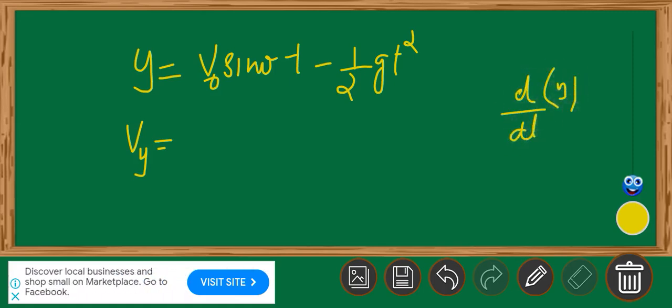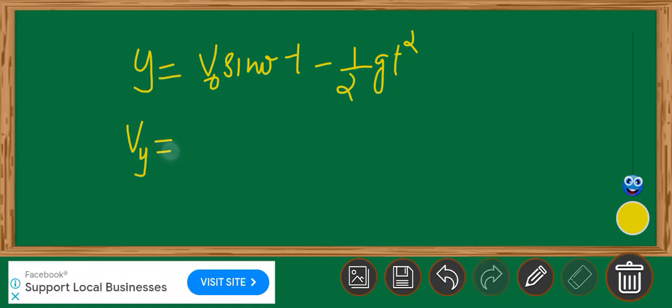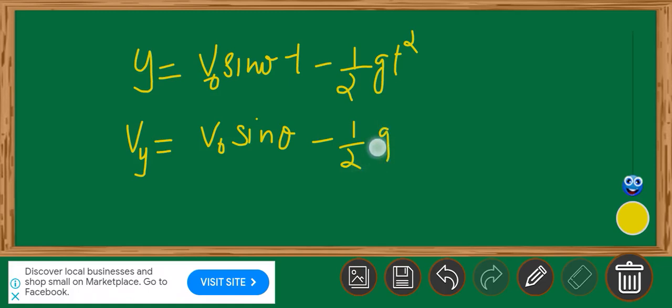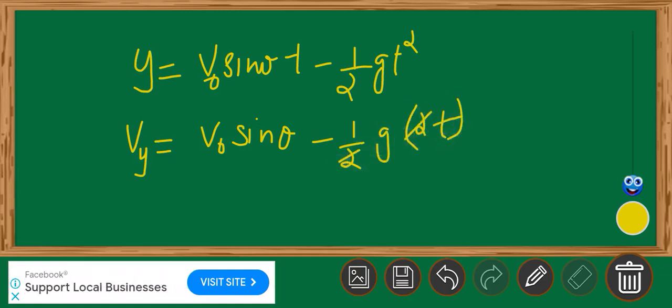Velocity is distance by time. Don't call it dy by dt. Then this is equal to v0 sin theta minus half into the differential of t square, that is 2t. So we get gt.